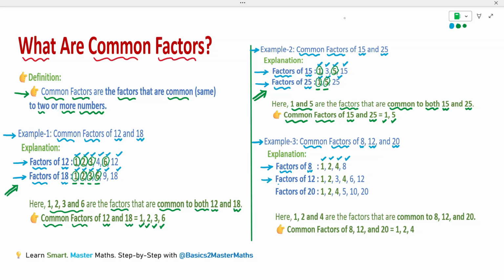Also, factors of 12 are 1, 2, 3, 4, 6 and 12. Also, factors of 20 are 1, 2, 4, 5, 10 and 20.